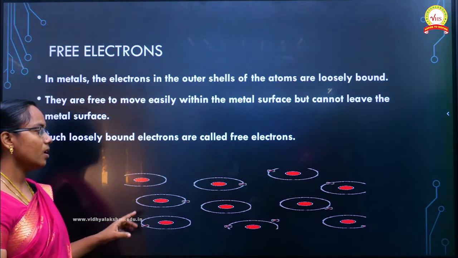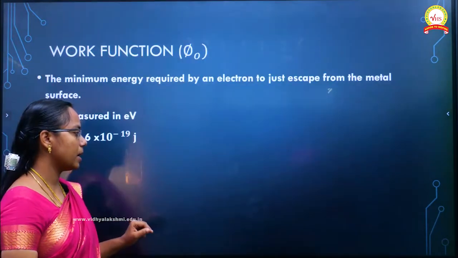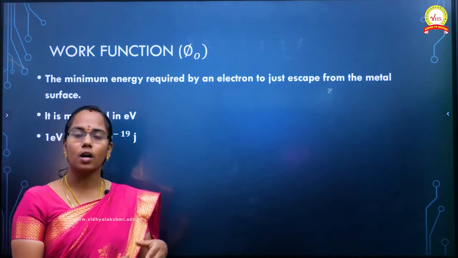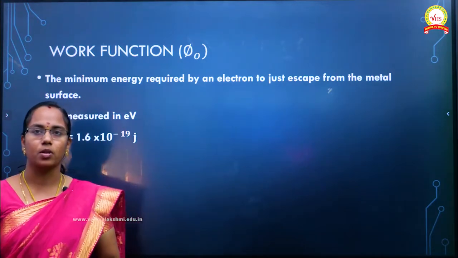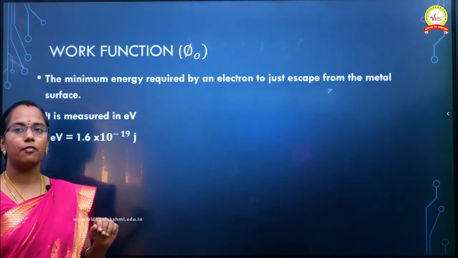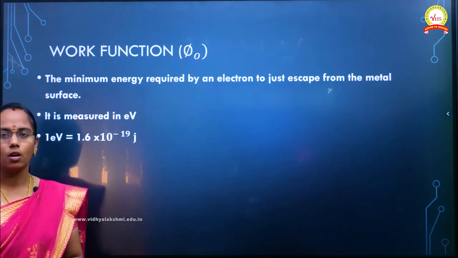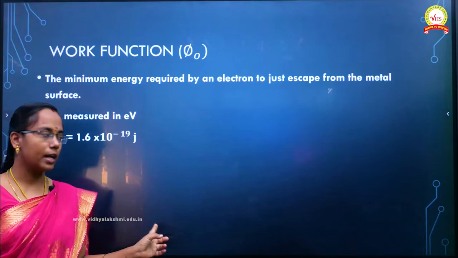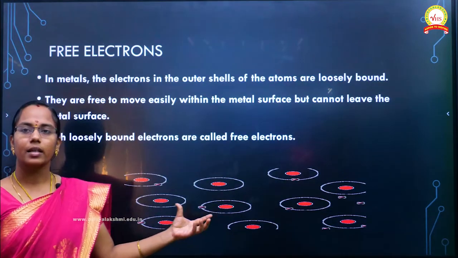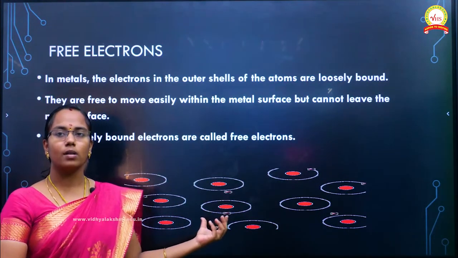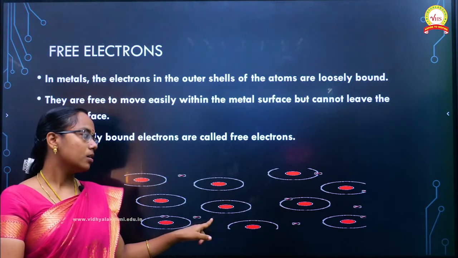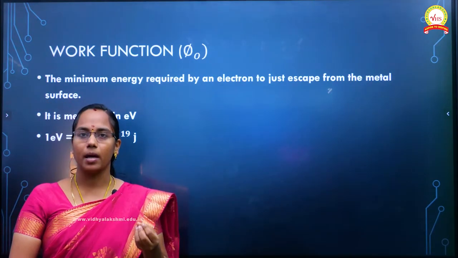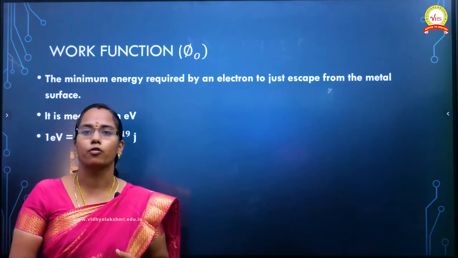These are the basic parameters we have to learn before entering the chapter. The next parameter is work function. What do you mean by work function? We had free electrons, which can revolve inside the metal surface. After gaining a minimum energy, these free electrons can escape out of the metal surface.